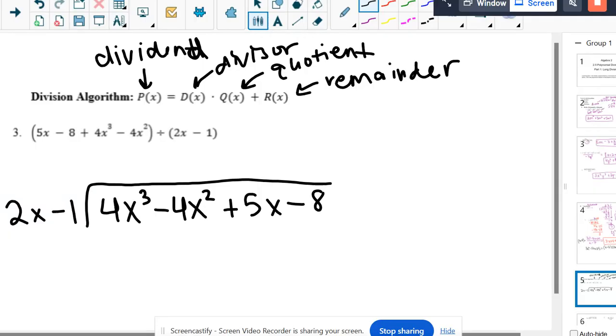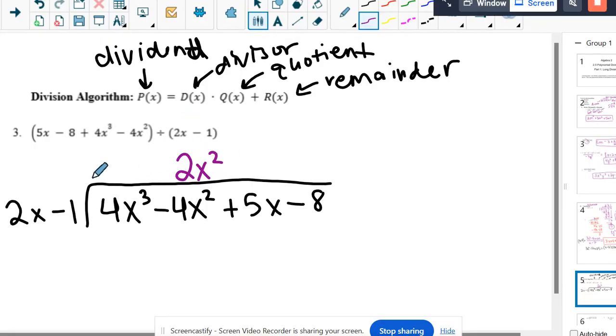Okay. So you take your first term in the dividend and divide it by the first term in the divisor. You get 2x squared. So you're going to write 2x squared above where there's another x squared term. It's kind of like place value when you have regular long division with regular numbers. You put it above the place value.